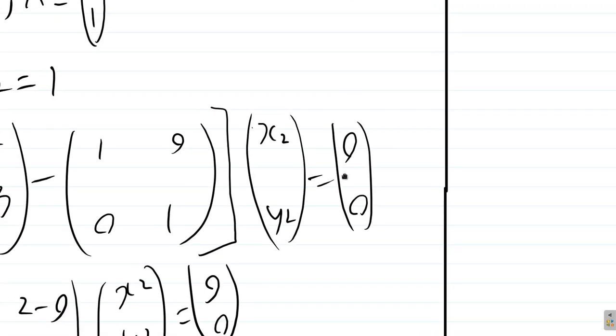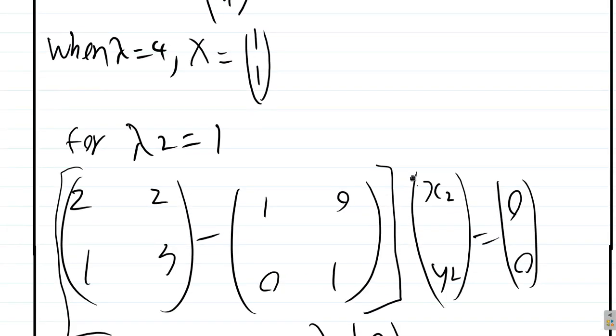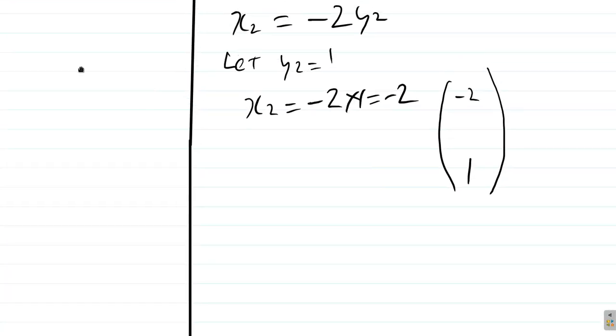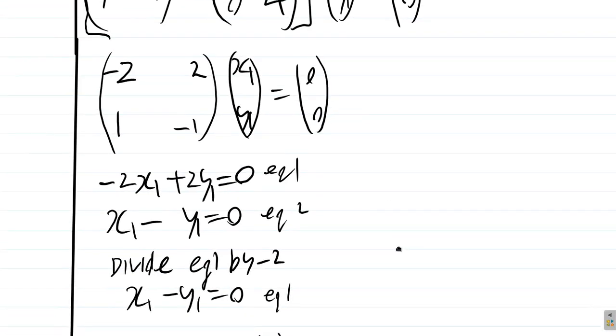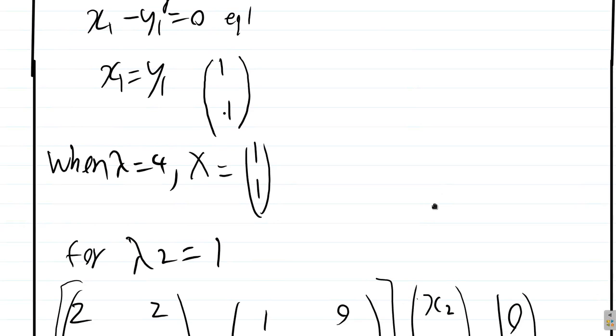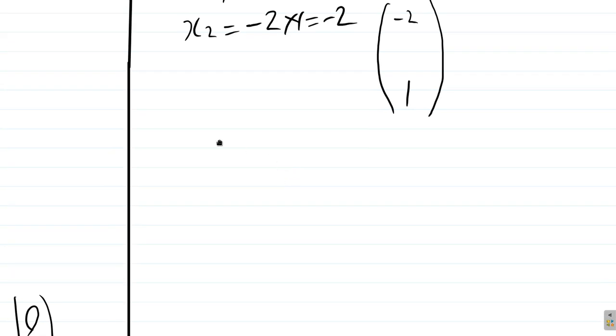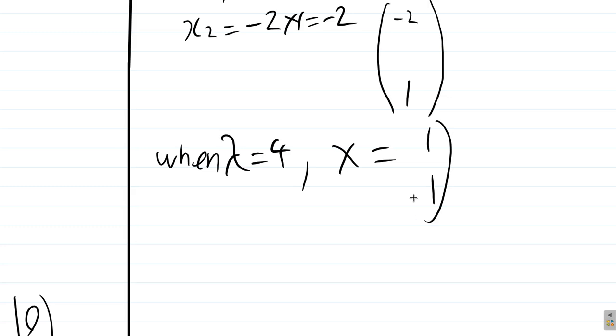So for lambda 2 equal 1, alright, let me just write down a conclusion here. When lambda equal 4, X equal 1, 1. And when lambda equal, was it 1 again?